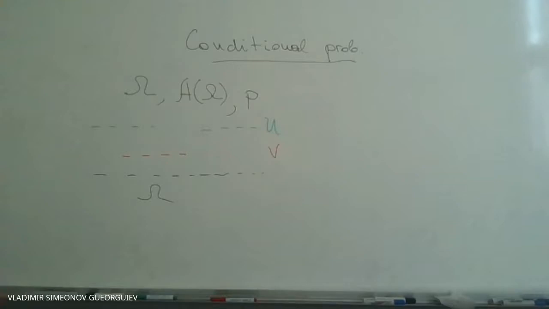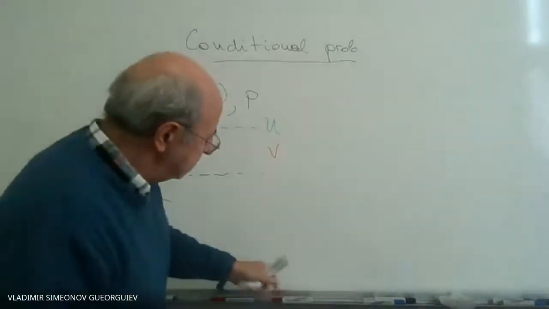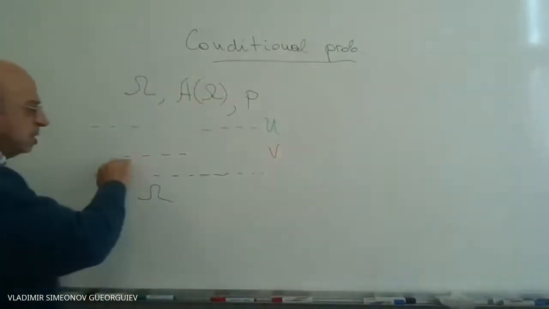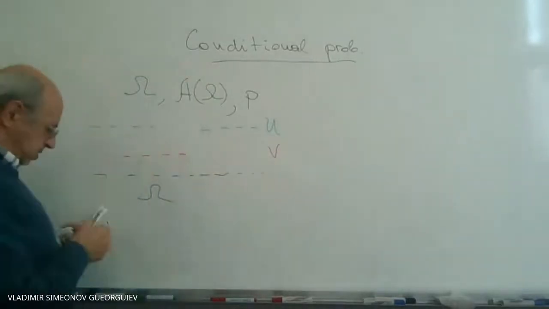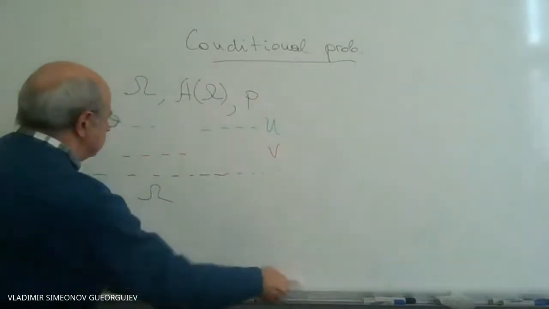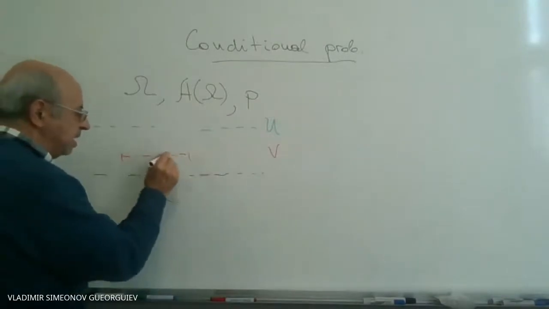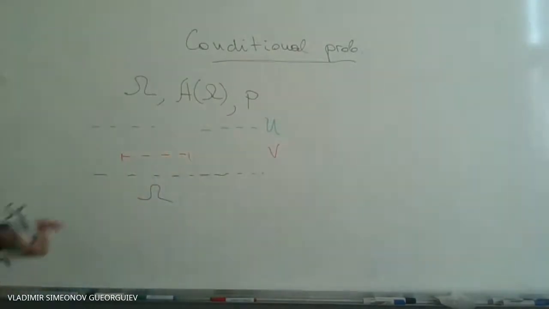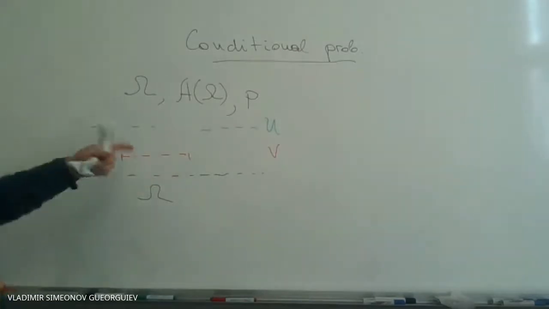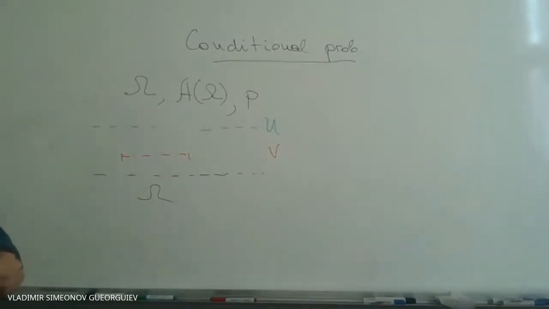Roughly speaking, what does it mean? This is something very simple. This means that for sure we have to work with our domain V, and we have to see when V happens, how many times U happens.